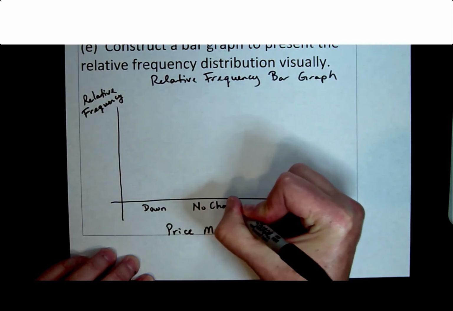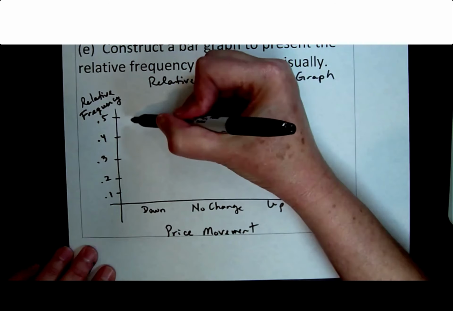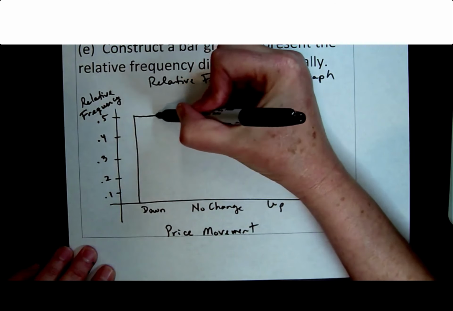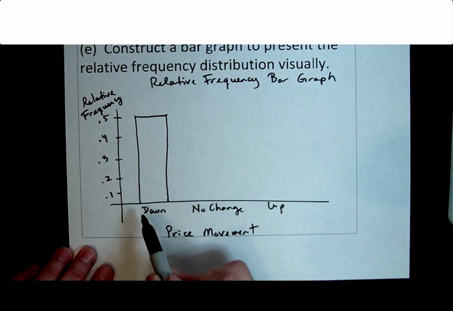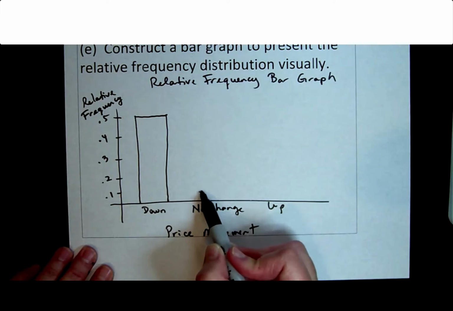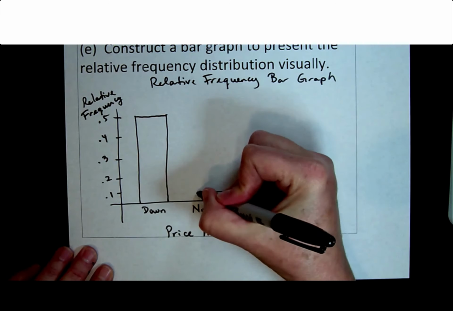The relative frequency for down was 0.5, so the bar or rectangle for down is going to go all the way up to 0.5. For no change, the relative frequency is 0.062. So 0.062 would be about there, and obviously you can only kind of eyeball it if you're doing it by hand.